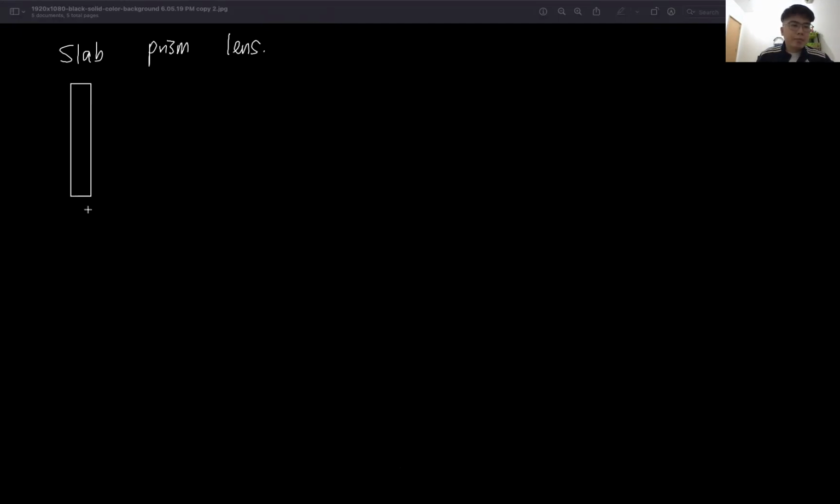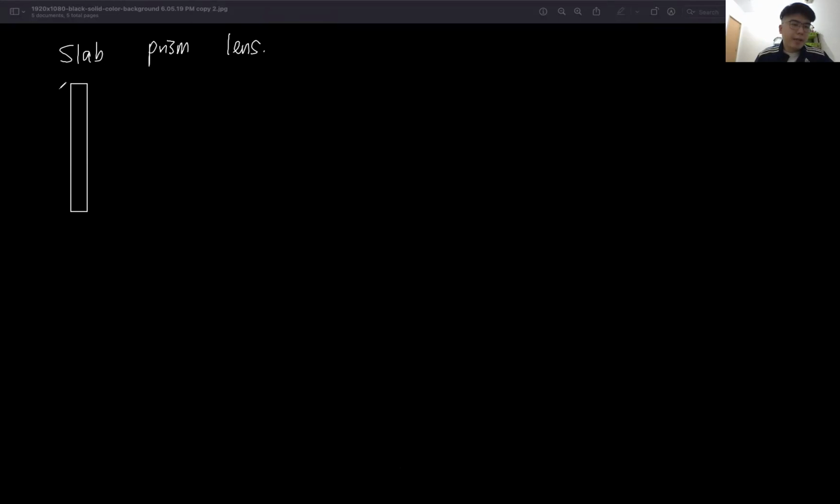Let's start with the difference between slab, prism, and lens. What is a slab? It's like a rectangular glass block. Two surfaces, two reflecting or refracting surfaces.